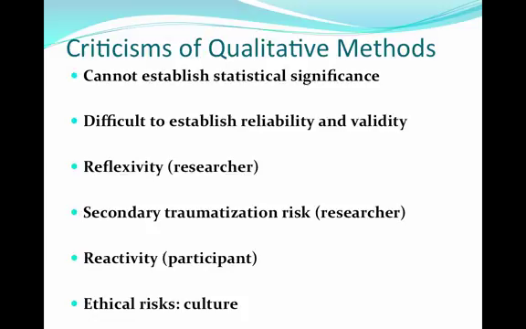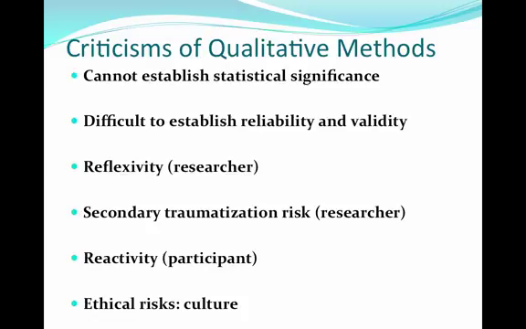Since the researcher is the instrument, the researcher is biased, if you will, when interpreting data because of life experience, education level, personal biases, etc. This is what we call reflexivity.